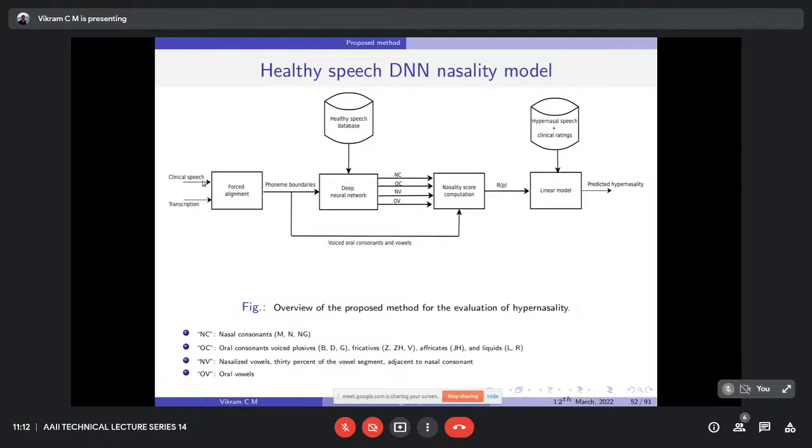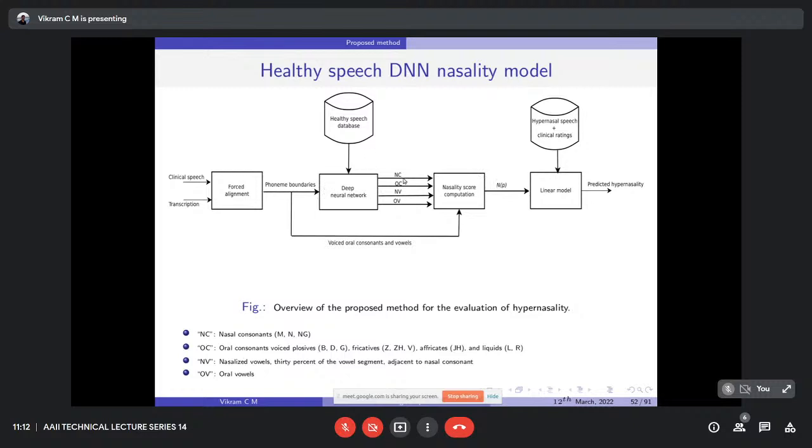First we computed the forced alignment, that means we get the phoneme boundaries, and using these phonetic boundaries we train the deep neural network for the classification of nasal consonant, oral consonant, nasalized vowel and oral vowel. Further, this pre-trained model is used for the nasality score computation. Once we have the nasality scores, we used a simple linear regression model to predict the hypernasality scores.